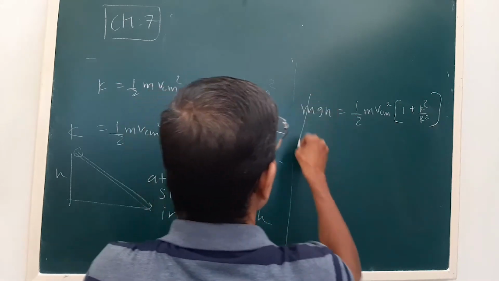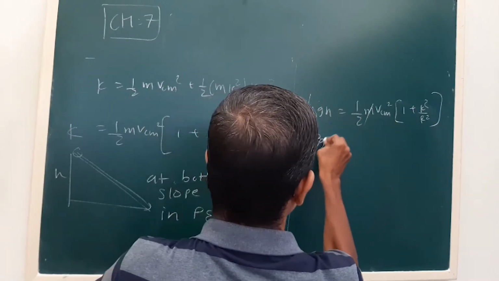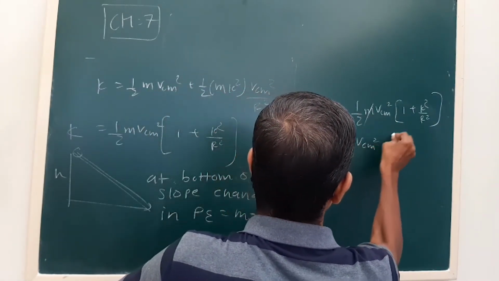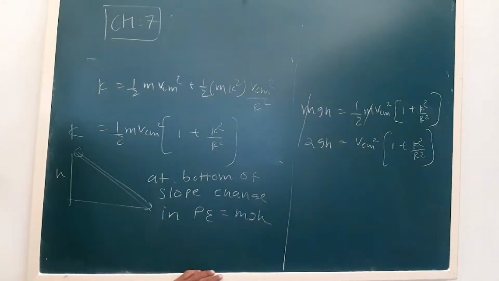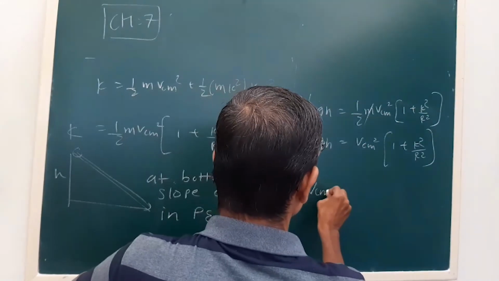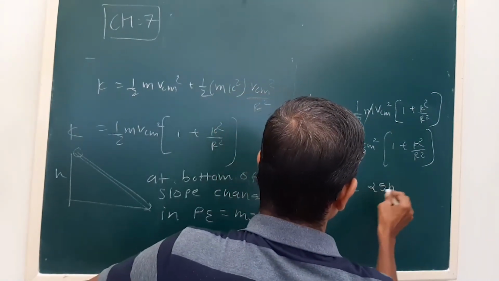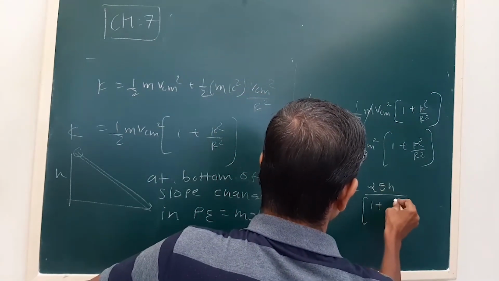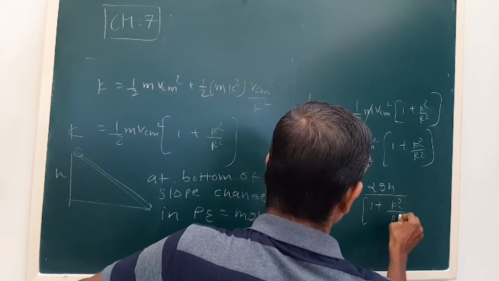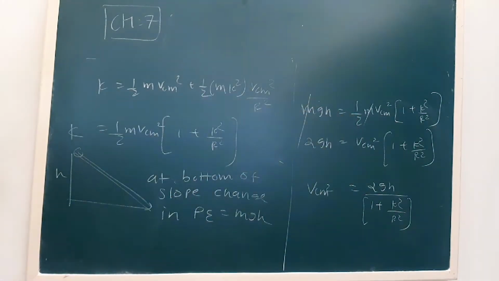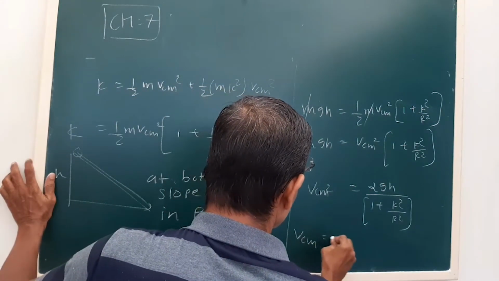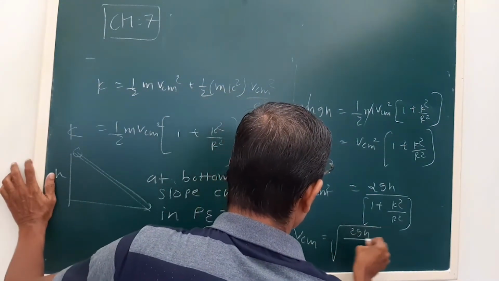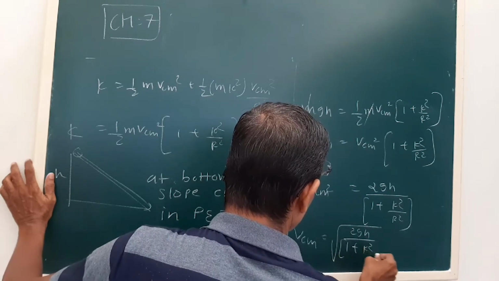Now m is cancelled. See, 2gh is VCM square times 1 plus k square by R square. So this VCM is under root 2gh upon 1 plus k square by R square.